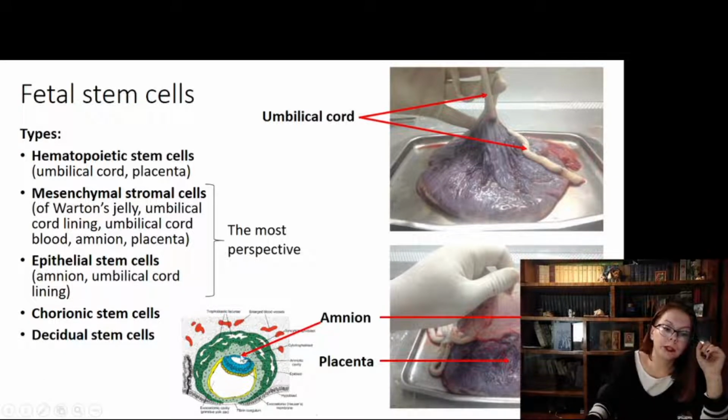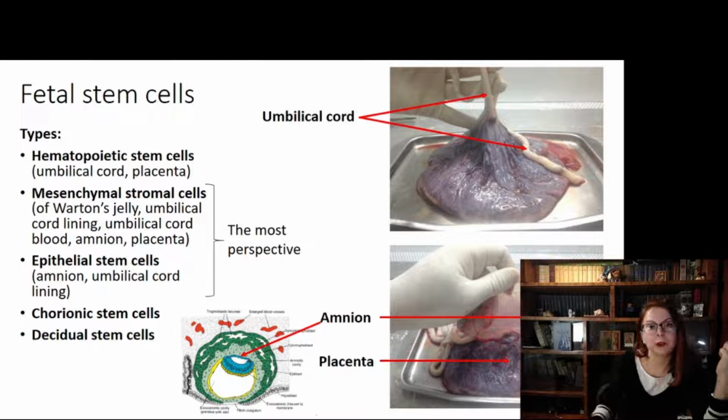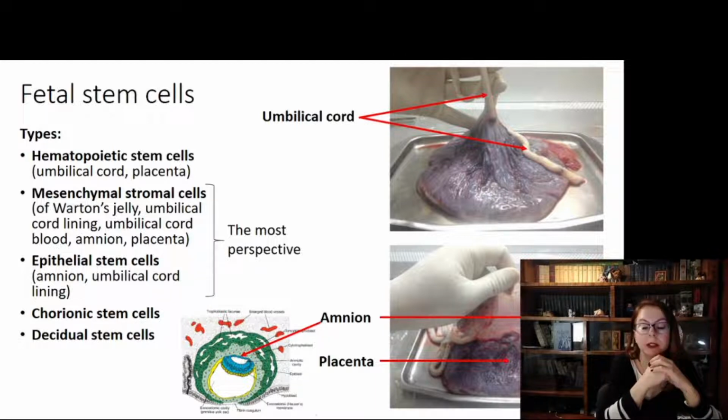So amniotic cells are close relatives of the epiblast, and if they make only one step backwards, they can recapitulate all the potential of the epiblast, and theoretically we can obtain derivatives of all three germ layers out of the amniotic epithelium stem cells.